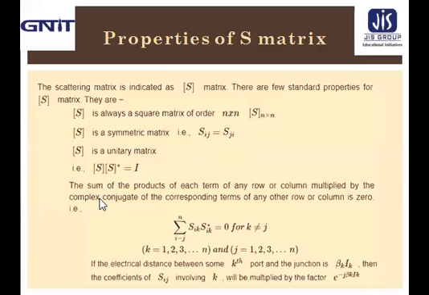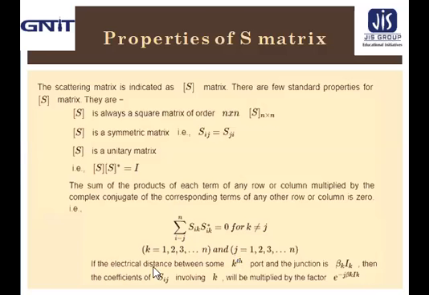And the sum of the products of each term of any row or column multiplied by the complex conjugate of the corresponding terms of any other row or column is 0. That is, the summation over i from 1 to n of Sij into Sik star equals 0 for k not equal to j.